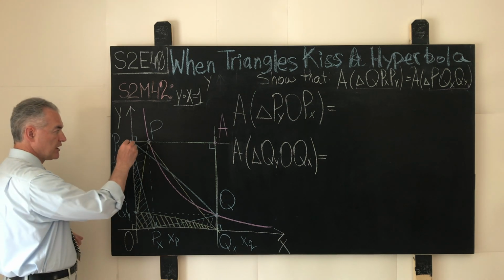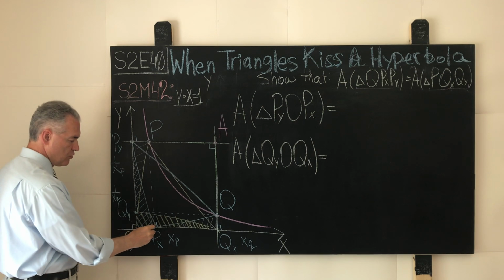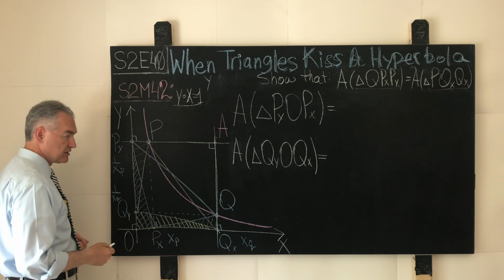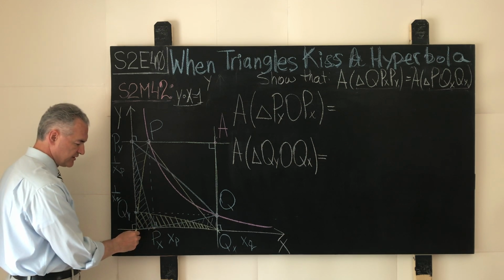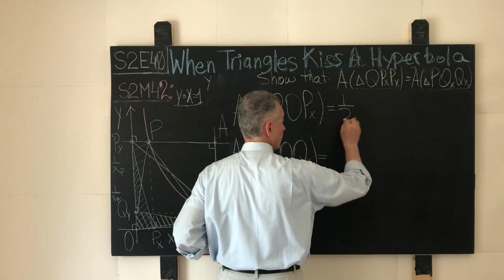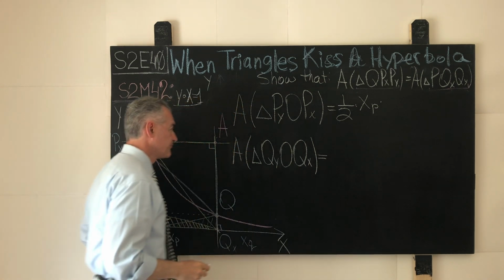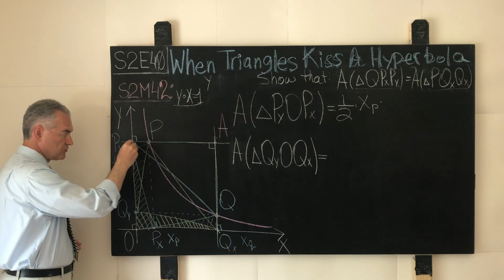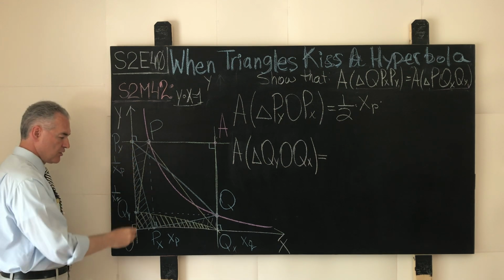So what do we have for the area of the complementary right triangle PYOPX? Evidently, it's a half product of what? The base, which is the length of the line segment OPX, which is 1/2 times xp times what? Times the length of the height of this triangle, PY, or the length of the line segment PYO, which is what?